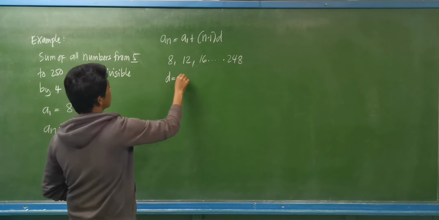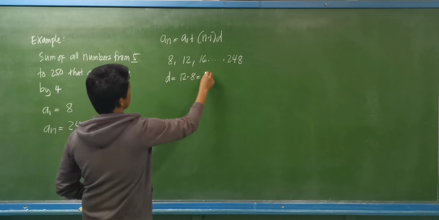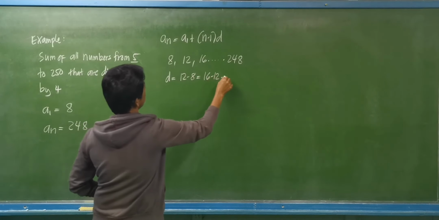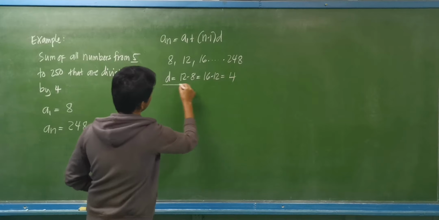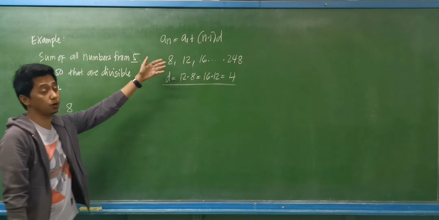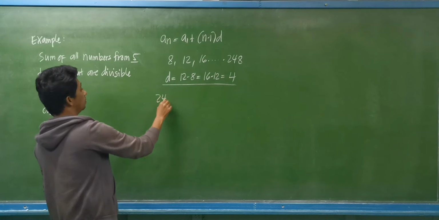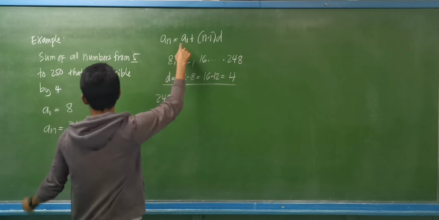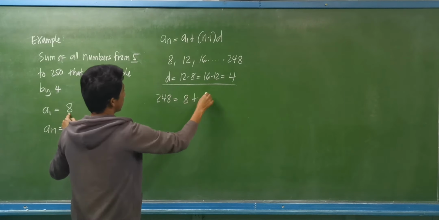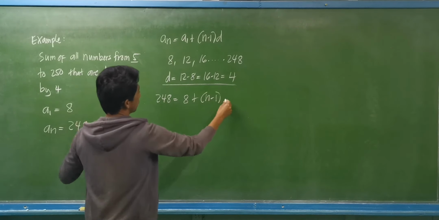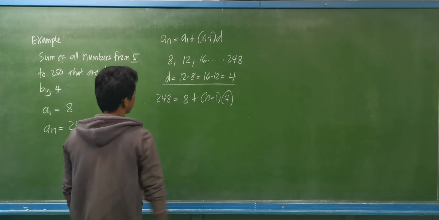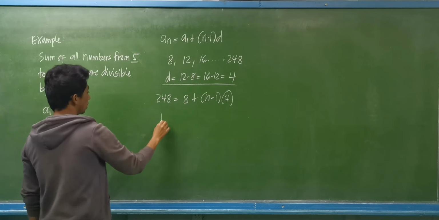Our common difference is 12 minus 8, 16 minus 12, which is 4. So what is our n term? We have 248. What is our first term? That is 8, plus the number of terms minus 1, and our common difference is 4. So how many terms do we have?